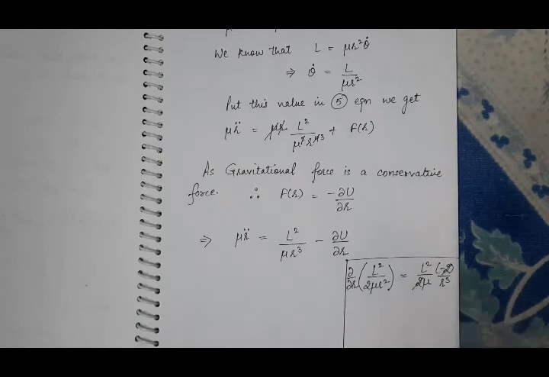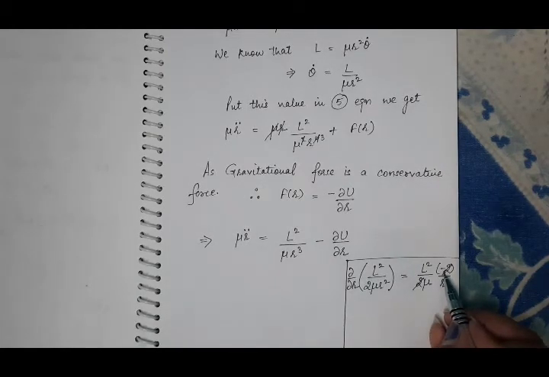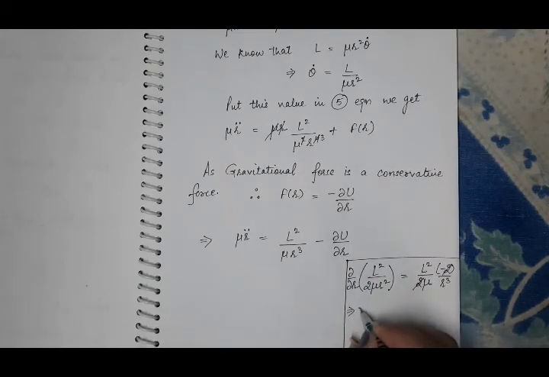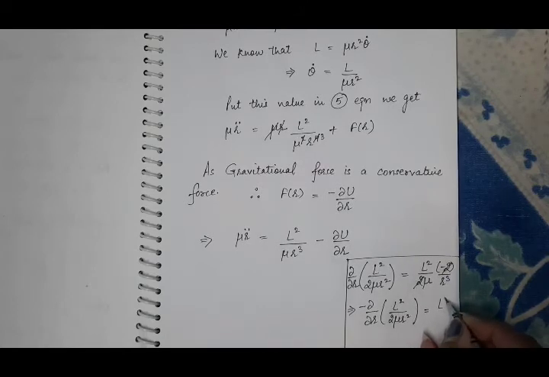and this 2 and 2 will be cancelled out, and take this negative sign to this side. We have minus curly by curly r of L square by 2 mu r square equal to L square by mu r cube.